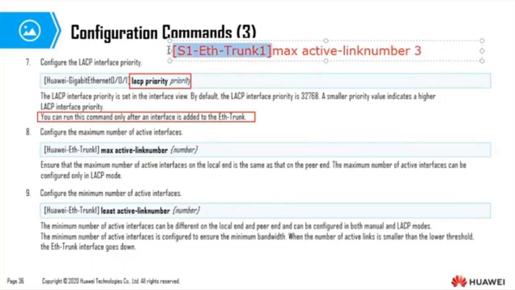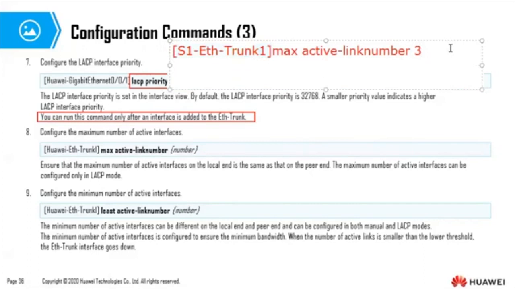Okay. The next command specifies the minimum, the least active. So least active-linknumber. If you, for example, enter 2, it means that when the physical interfaces on the Ethernet trunk go below 2, then the Ethernet trunk is disabled, torn down.